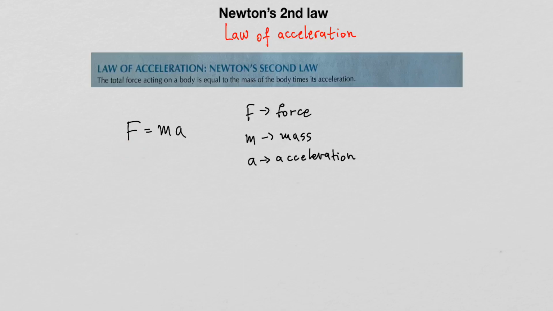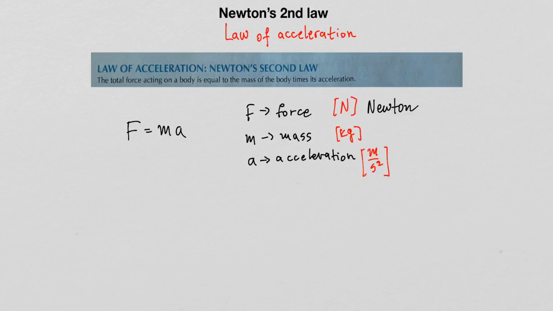On the other hand, if an object is in motion but it is not accelerating, so it's moving with constant velocity, then that means that there is no unbalanced force acting on this object. So if there are any forces applied to that object, the net is zero. So one more time, when an object is accelerating, that means that force is acting on the object. When an object is moving with constant velocity, it means that there is no net force acting on this object.